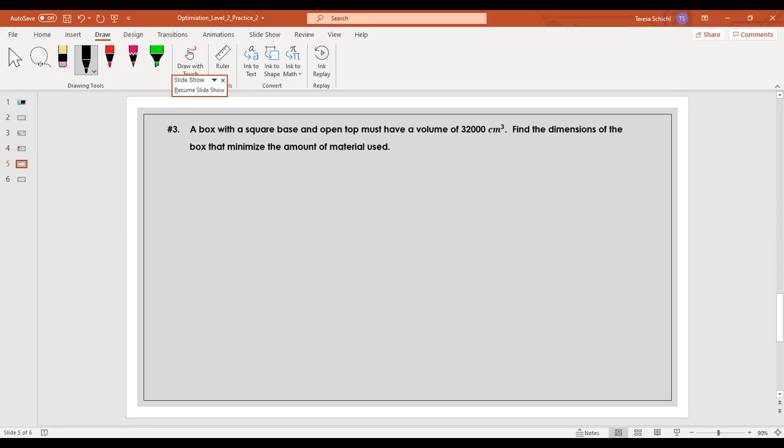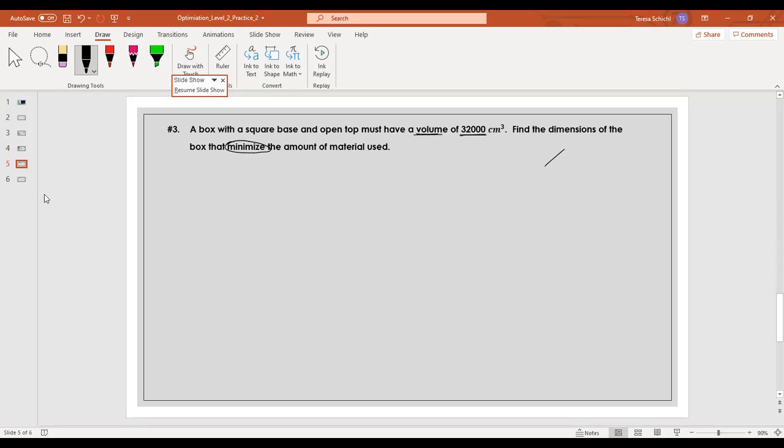Number 3 tells you a box with a square base and an open top. This box has a volume of 32,000 cubic centimeters. Find the dimensions of the box that will minimize the amount of material we use.